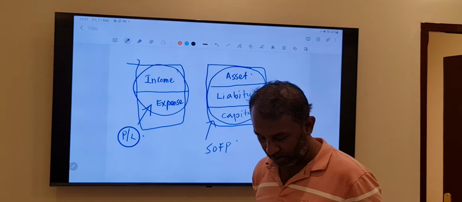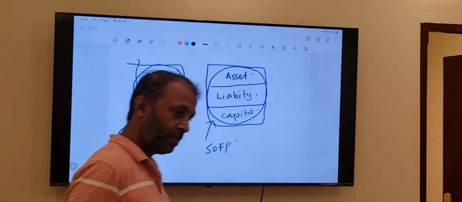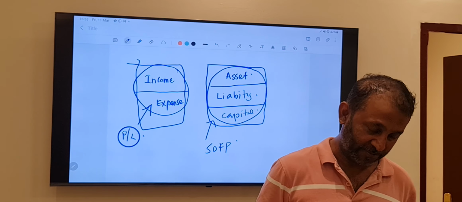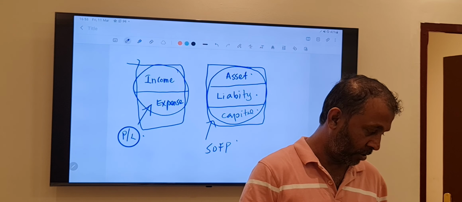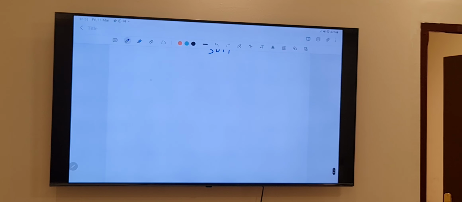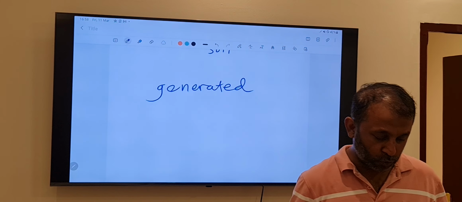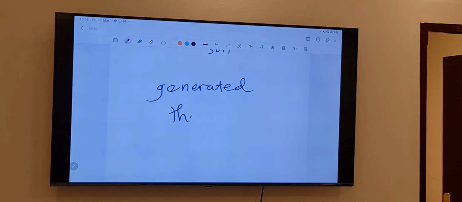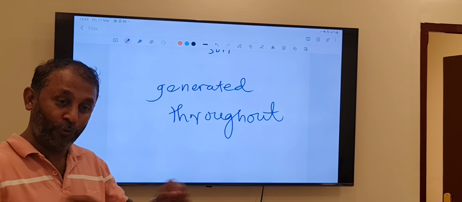All revenues generated throughout the period. Throughout the period. In other words, during the period.